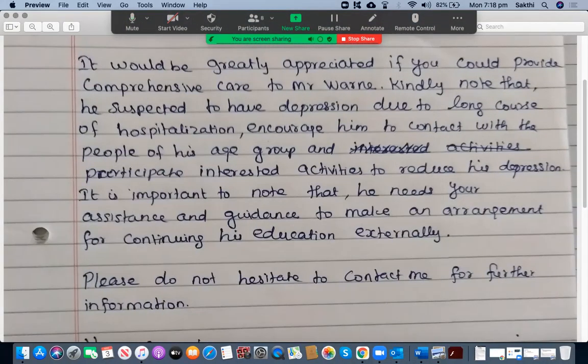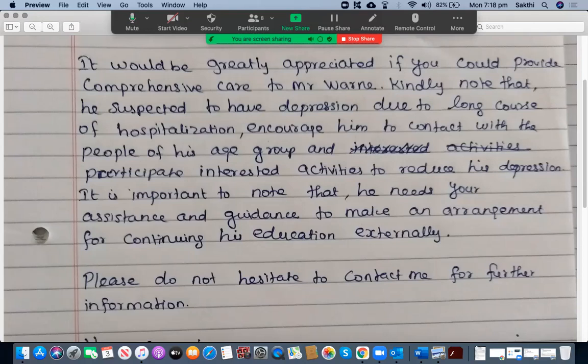For example, you can say "also, comma, providing assistance and guidance to make an arrangement for continuing his education externally is vital, is beneficial, is important, is helpful." Do you understand what I mean? Use these kinds of phrases. This is what I call the passive voice.